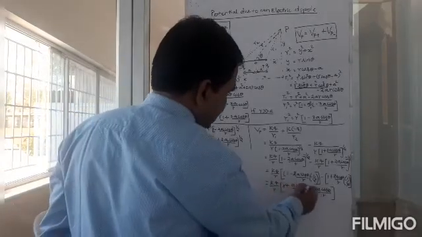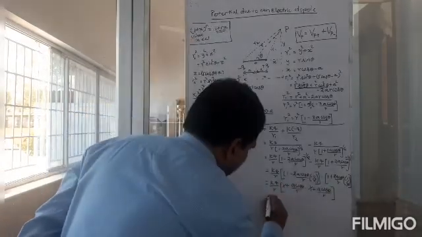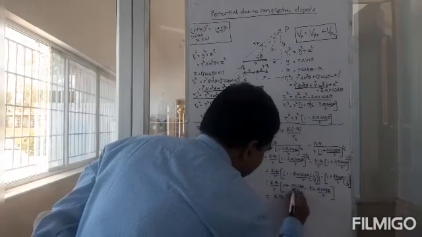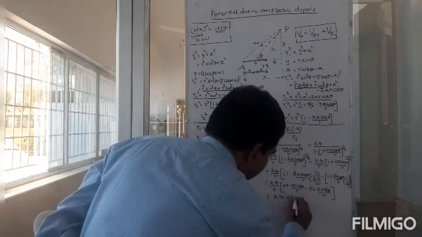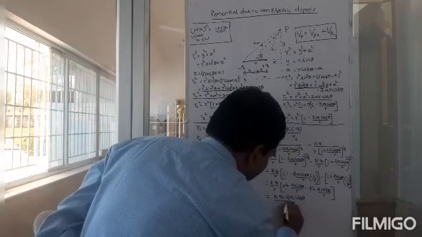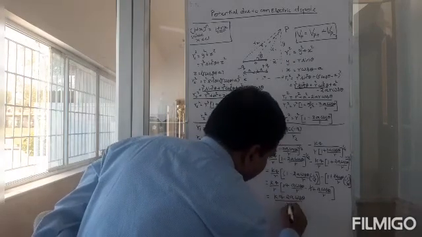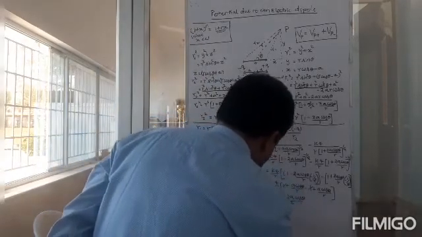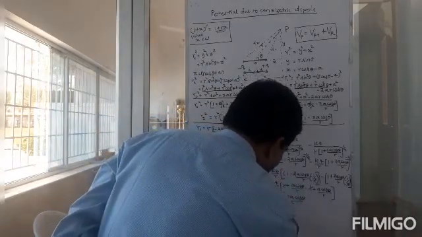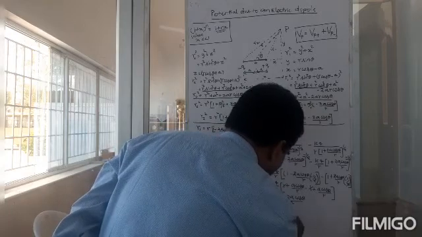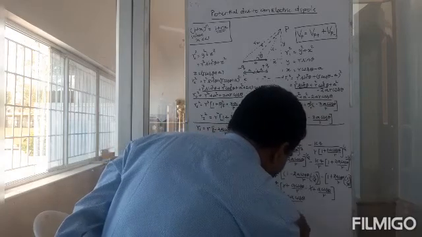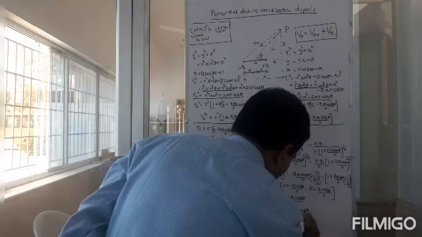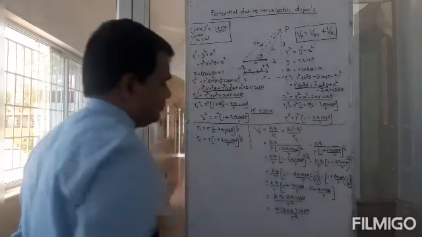So this one and this one will cancel. Then I will have k cube into 2a cos theta by r into r squared. So I can write that as k 2a cube cos theta by r squared.